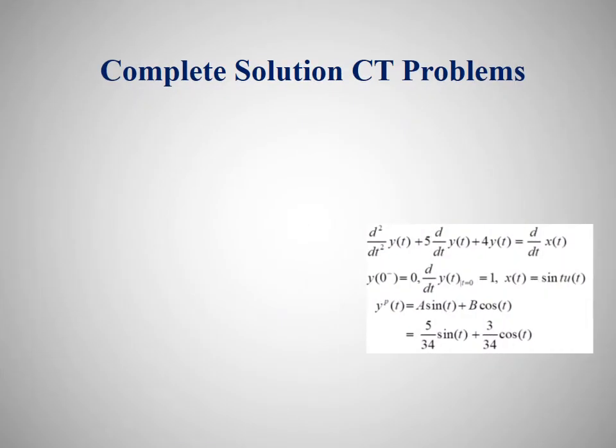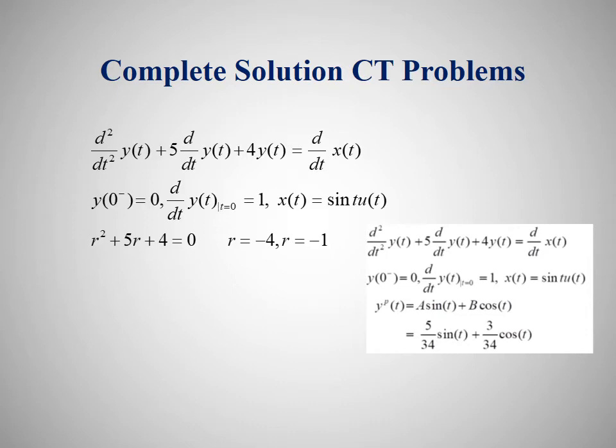Let us go on to the first problem. The first problem is the one that we have discussed for the particular solution case. d squared by dt squared y of t plus 5 into d by dt of y of t plus 4 y of t is equal to d by dt of x of t. y of 0 minus is equal to 0 and d by dt of y of t at t equal to 0 is 1. x of t is sin t u of t.